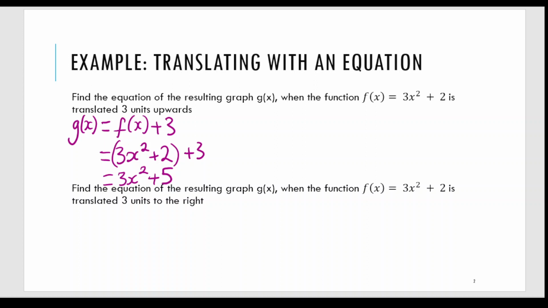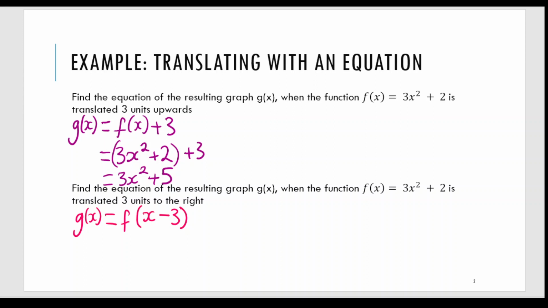When we look at our second question here, find the equation of the resulting graph g of x when we take the function f of x equals 3x squared plus 2 and we translate it 3 units to the right. Now what happens when we do that is that we have to say that our new function g of x is equal to f of x take 3, all in brackets.